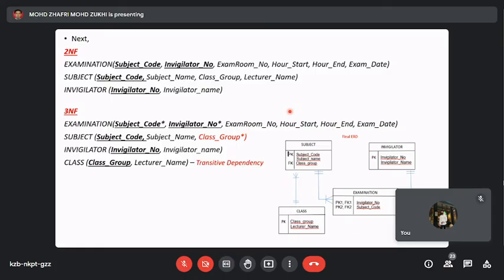Okay, try to familiarize yourself with the question. Alright, so based from this, I already uploaded the exercise for you to do, normalization exercise in the Google Classroom. So I want you to do this exercise and then we will discuss it later, okay? Boleh semua? Cuba you check dalam Google Classroom, saya ada upload exercise.